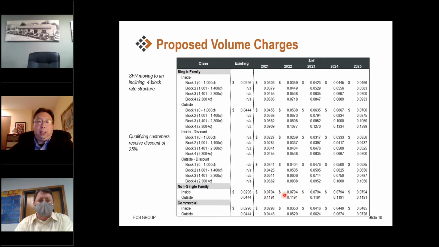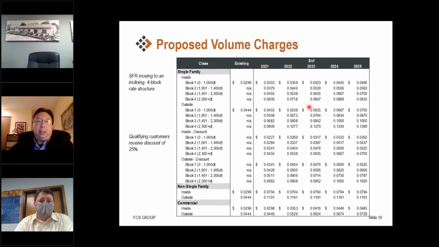So by maintaining their rate structure and the charges over time, what we're allowing this rate class to do is to grow into their cost of service. And by the time we hit the end of year 5, they'll be pretty close to cost of service.